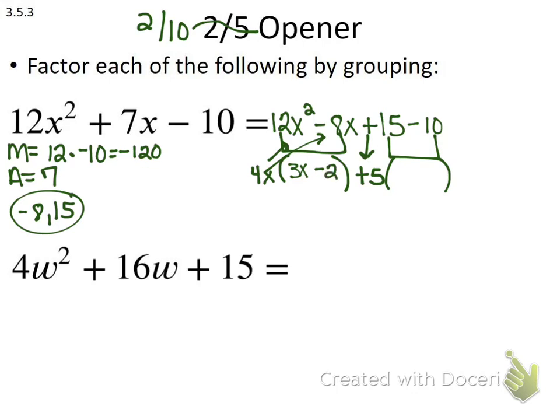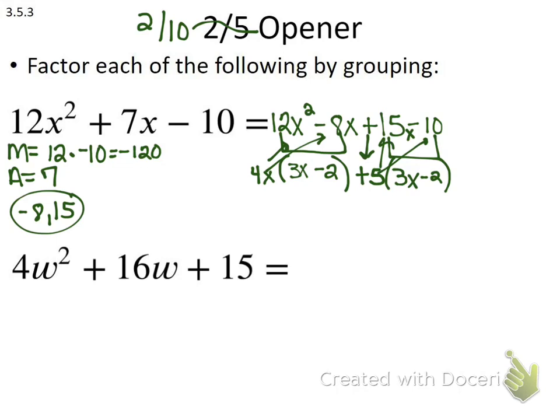Then I do the same thing with the next one. So 5 times what gives me 15? 3x. Then 5 times what gets me to -10? -2.